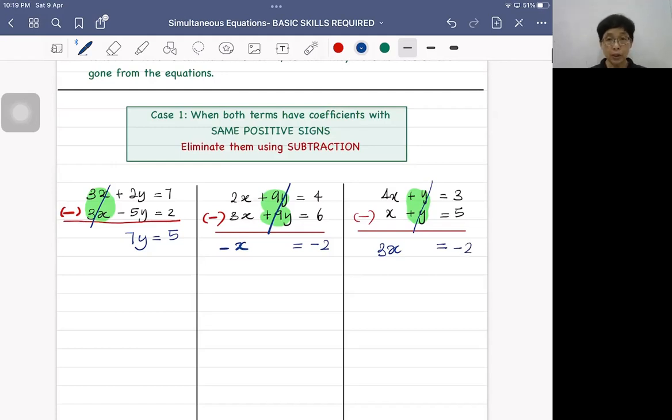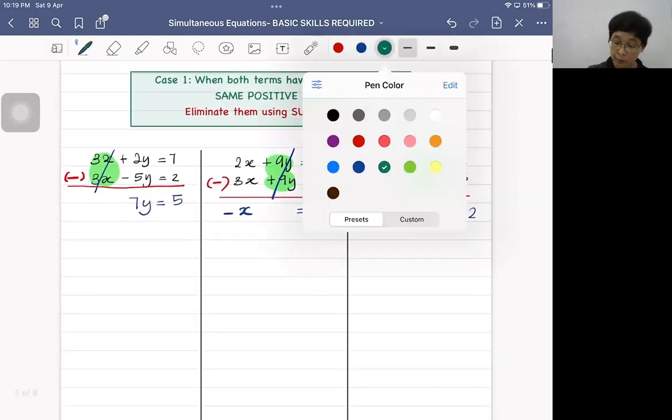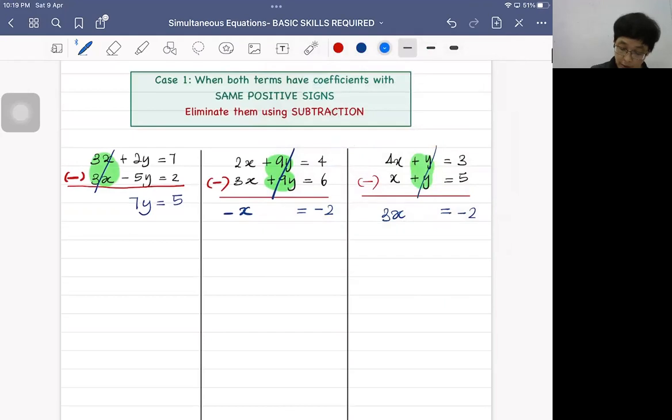Okay, so you notice that once you eliminate that, you can proceed with solving for y. I'm just going to finish this up for our pleasure. So y, now we solve that. Yes, we found the value of y as that. And then x, we solve it and we got minus 1.